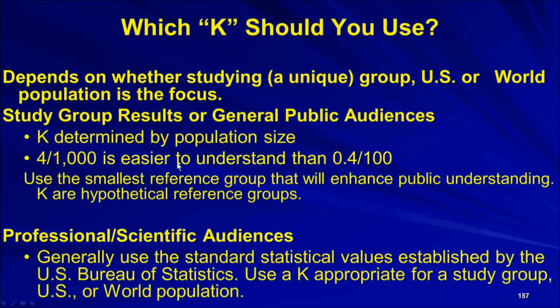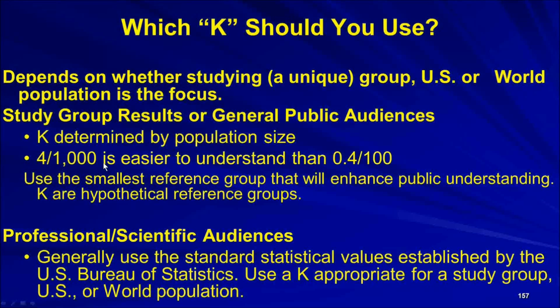Now, in talking to an audience, this is where it becomes trickier, it's easier for them to imagine 100 people, because you can think of a classroom with 100 people in it, than it is to think about 1,000 people. Okay?